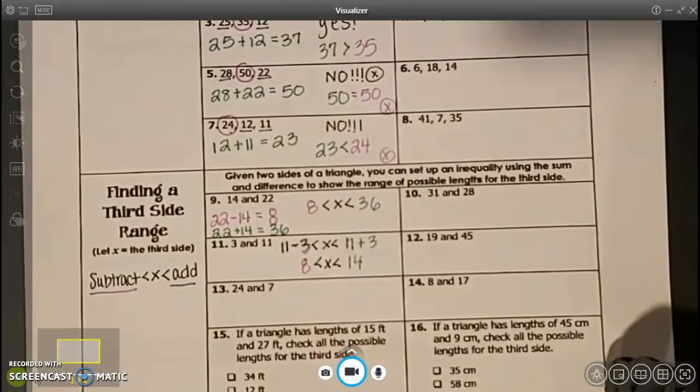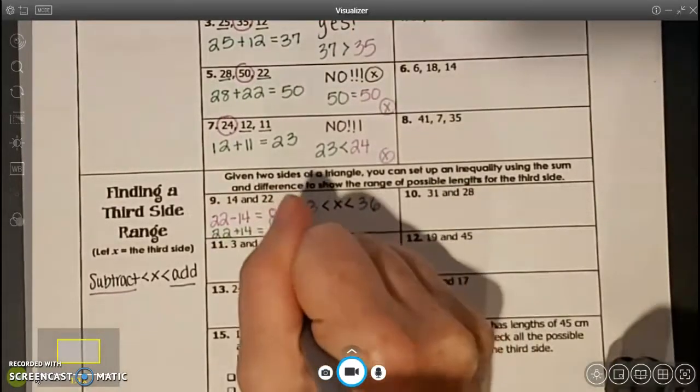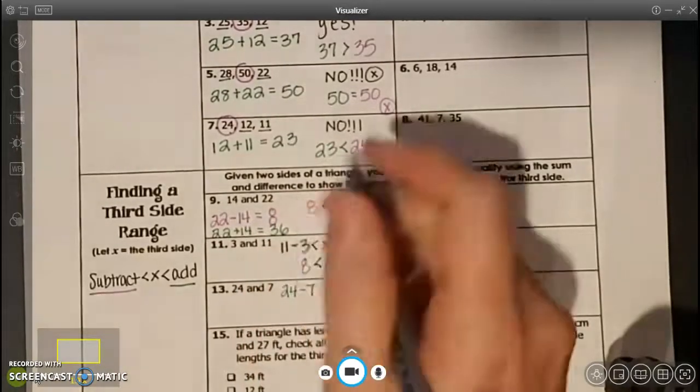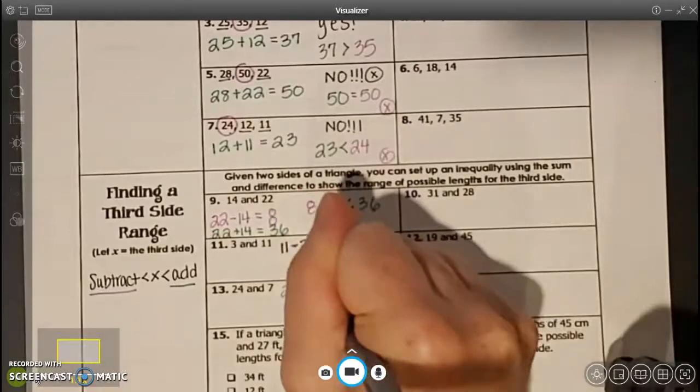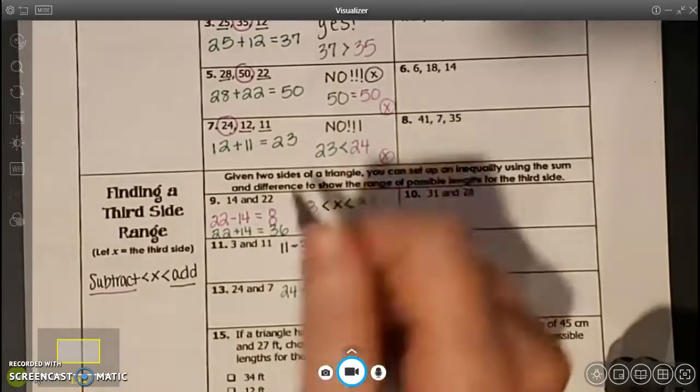All right, number 13. We have 24 minus 7 on the left, and 24 plus 7 on the right.